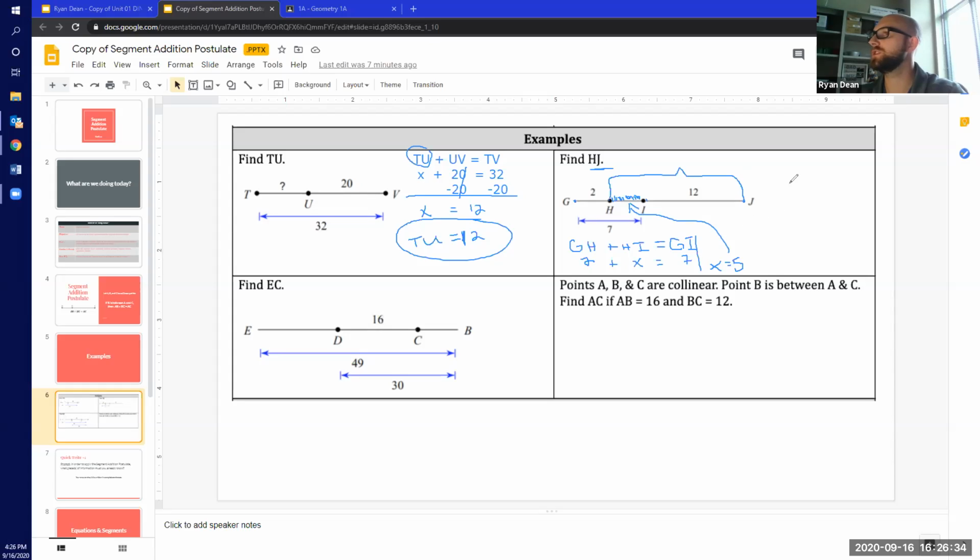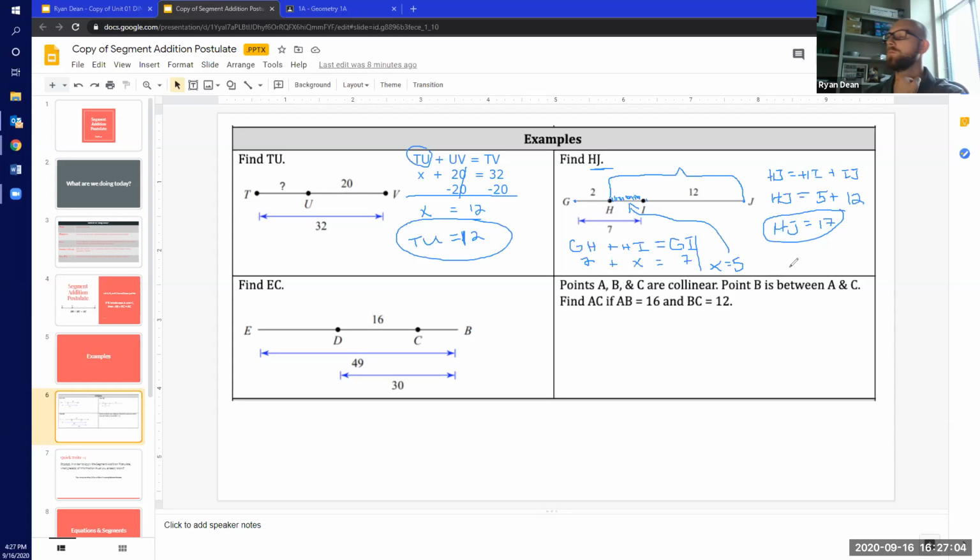And now for HJ, HJ is equal to HI plus IJ. And I now know these two lengths. So HJ is equal to 5 plus 12. And that is a total of 17.